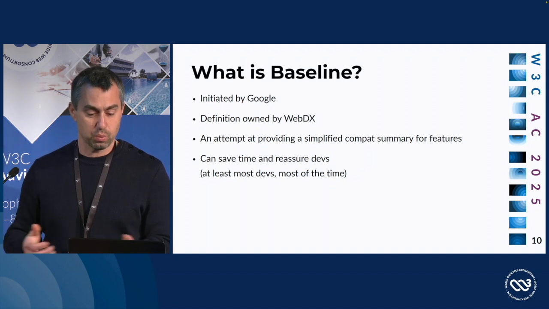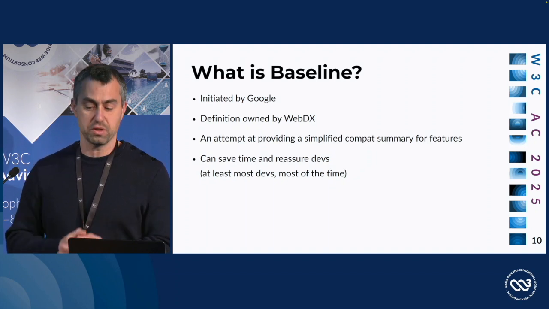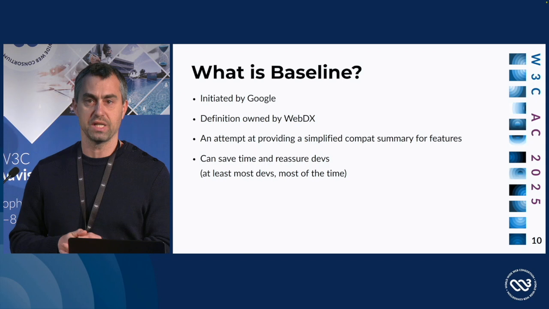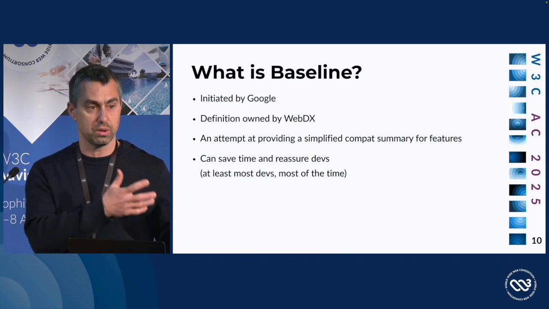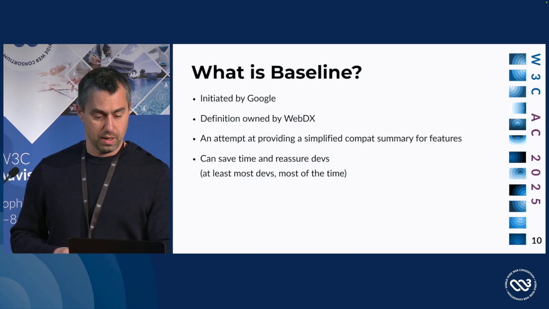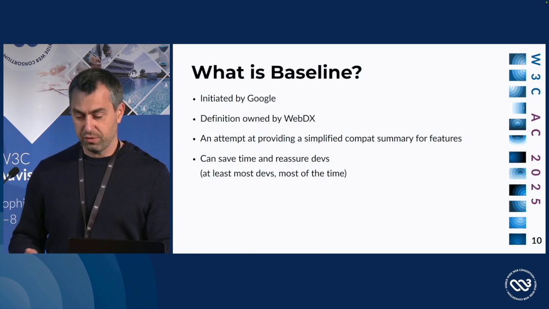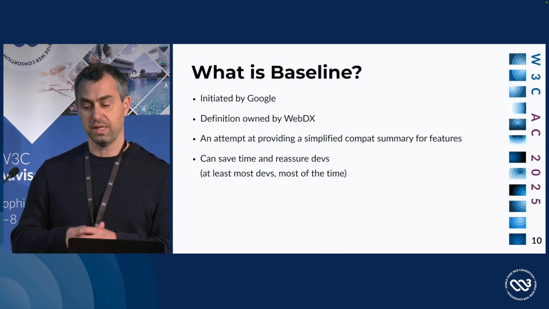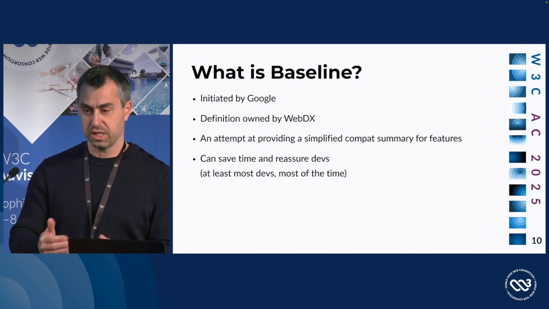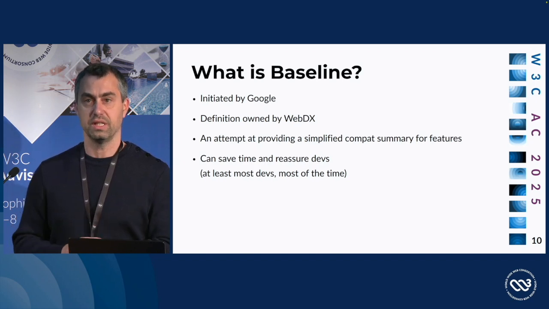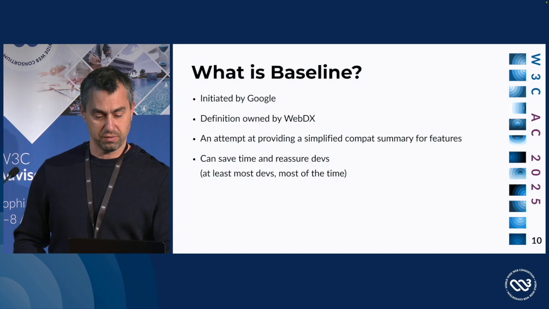There are many ways why you might still want to use a feature even if it is not considered baseline widely available, which is the highest level that a feature can reach in our definition. But what we're saying is that for most users, most of the time, this helps a lot of people make a quicker decision, and reassures them that, yes, it's fine to use that feature.